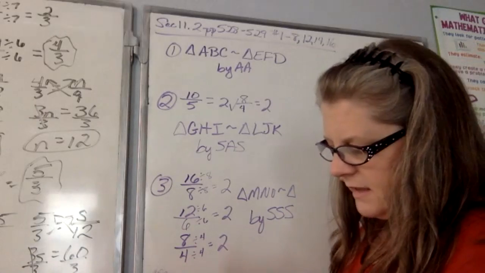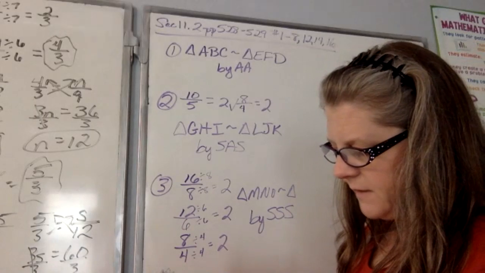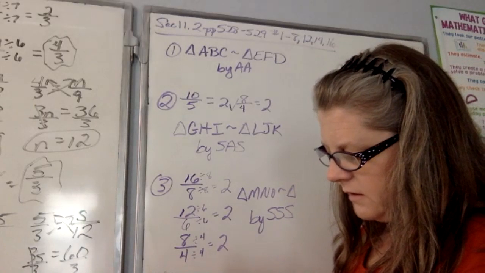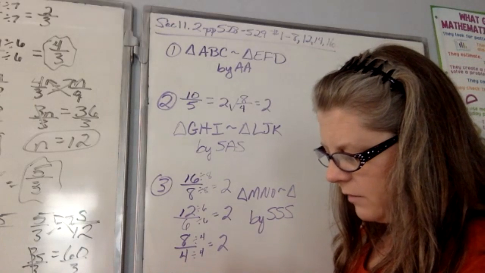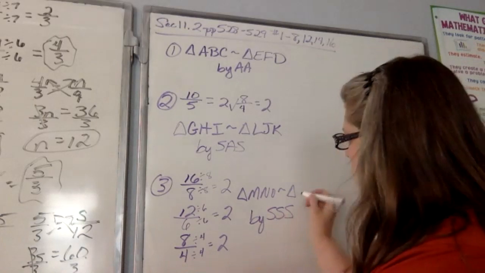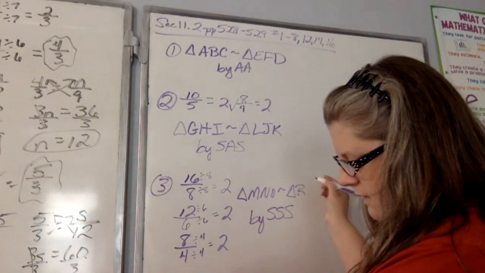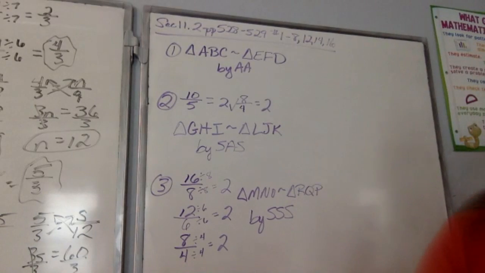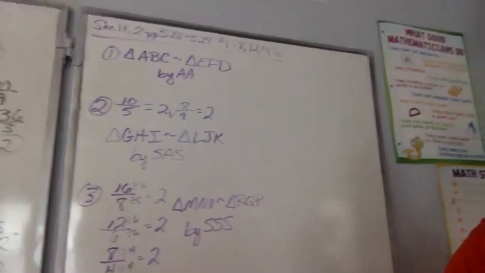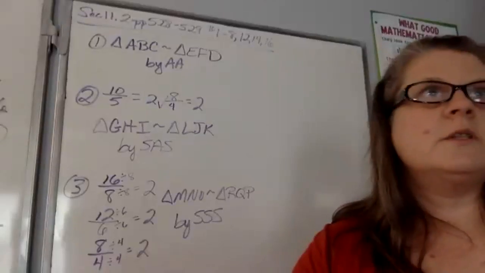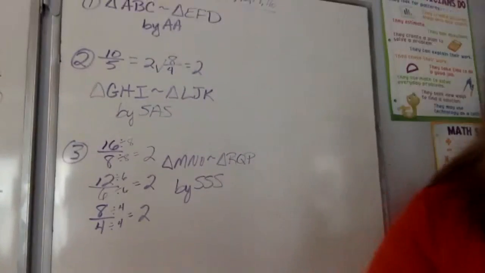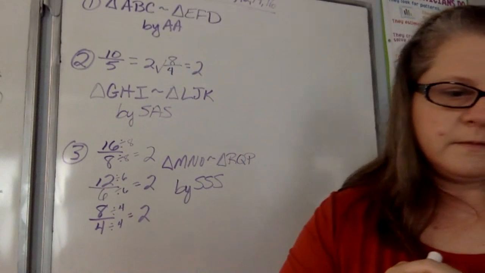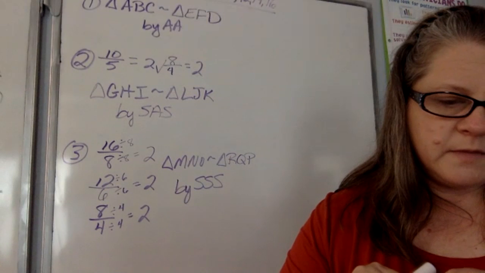M is down at the bottom of the big side, and it goes up the shortest side to the N. So starting over here, I'm starting at the bottom of the biggest side, but I got to go up the shortest side, so that's the R. And then it goes up to Q and P. You've got to be careful and make sure you get them in the right order. Okay? So we're just proving them similar, right in the ratios. Okay?